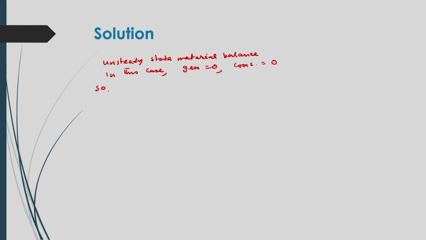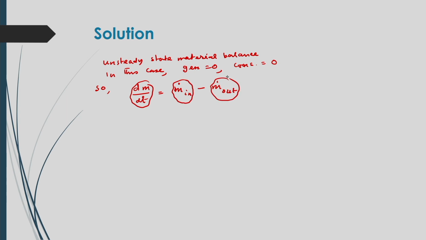So, we can write dm by dt, that will be equal to m in as a rate minus m out, that means output flow rate of that mass. So, here this is accumulation and this is input rate, this is output rate.